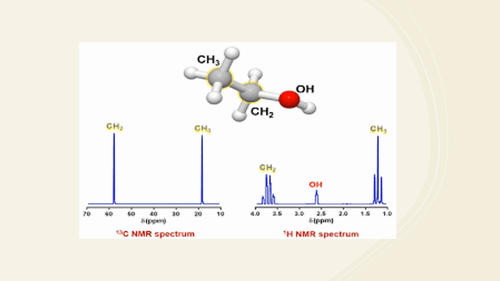In summary, the integration values 1 to 2 to 2 to 3 correspond perfectly to the protons in the CH3, CH2, and OH groups in the molecule. Integration helps us quantify the number of hydrogens in each environment, and when combined with chemical shifts and splitting patterns, it provides a complete picture of the molecular structure.